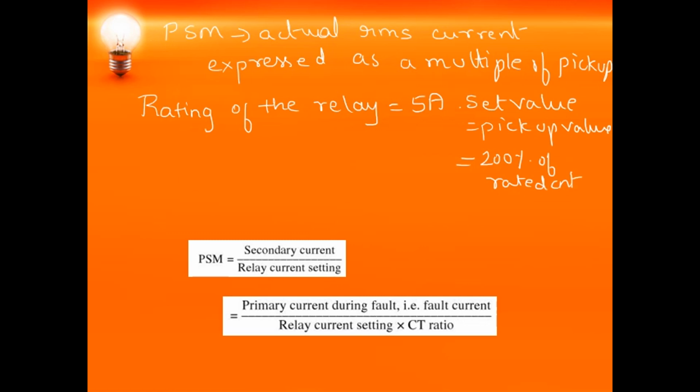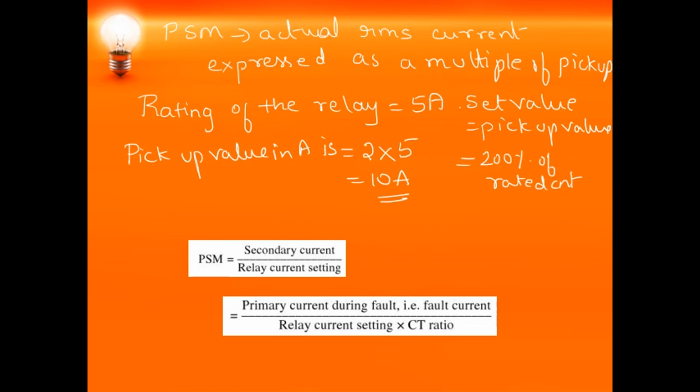That means what is the pickup value in amperes? Pickup value in amperes is 200%, which means 2 into the rating of the relay, which is 5, equal to 10 amps. So any current above 10 amps, the relay is going to operate, because we have set the pickup value as 200%. So what will be the plug setting?